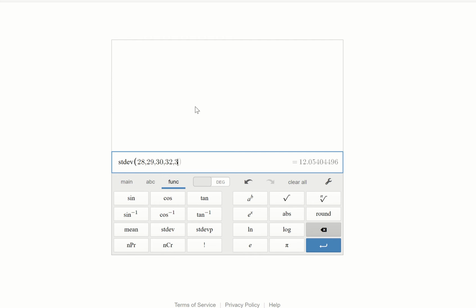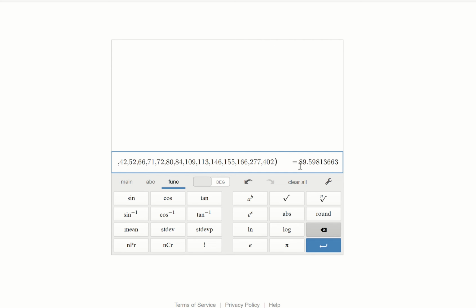So let's type in our data. This is the data that was in order, right? Let's type it in order and see what we get. Okay, so if you look at the standard deviation, it appears to be 89.6, okay?